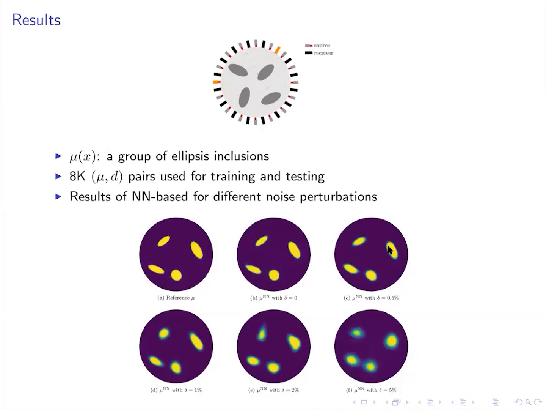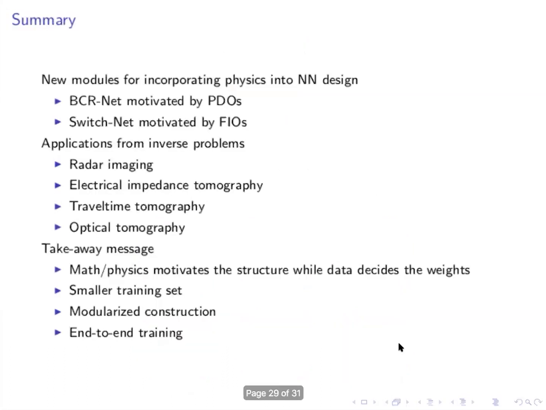This is what happens when you have 0.5% noise, 1% noise, 2% noise, and 5% noise. For optical tomography, 5% noise is already very high, and for classical methods it's usually quite hard to achieve a reasonable result. But you see that we get the location exactly right, and the shape of the inclusion is also quite accurate.